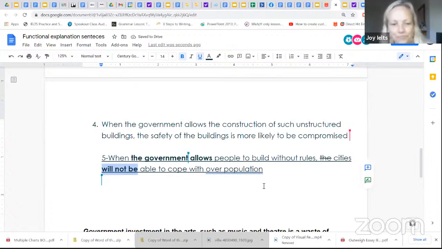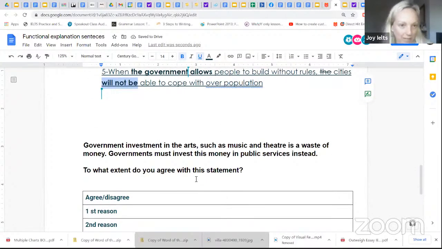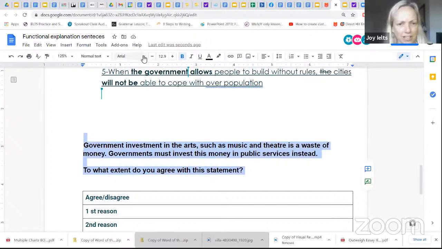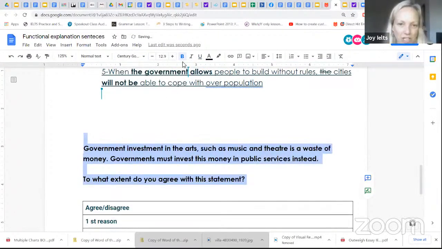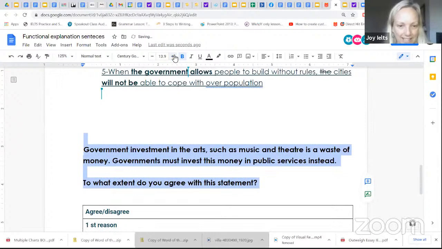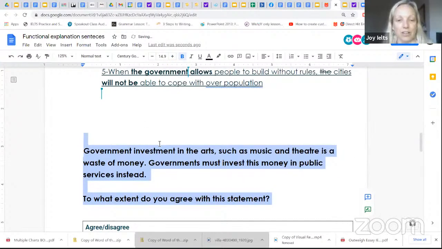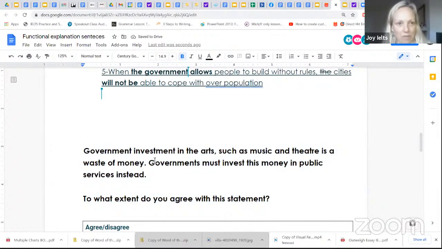We're going to do a completely different question, and we're going to think of some ideas for this question as well. So we're not going to do an introduction or anything. We're just going to practice these sentences. So government investment in the arts. So the arts is different to art.